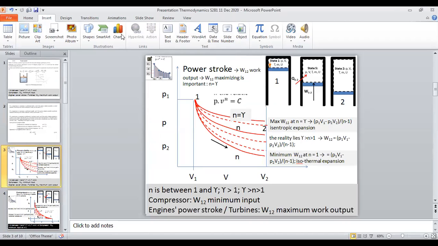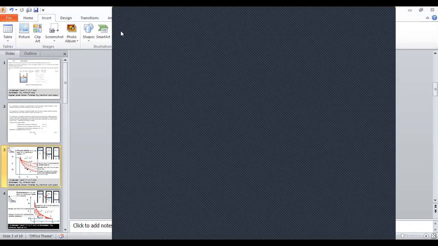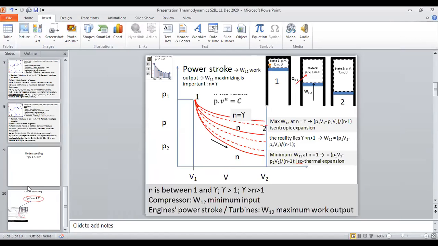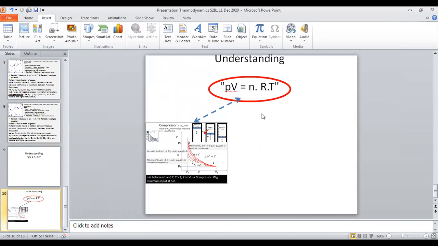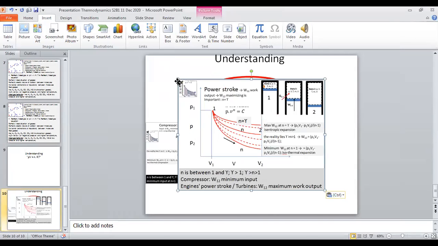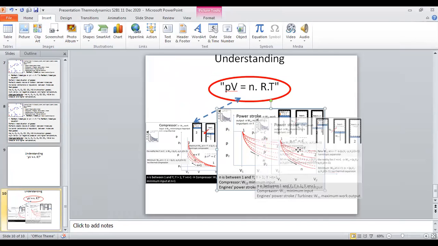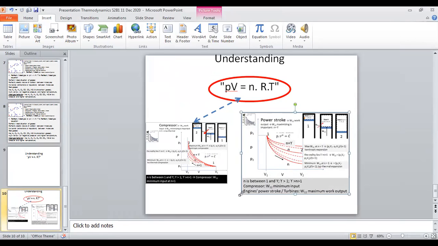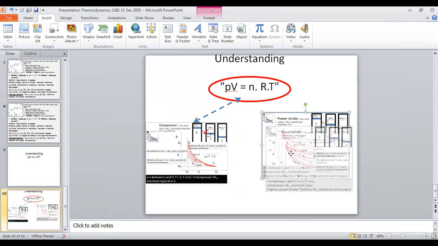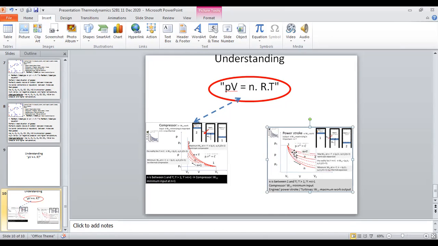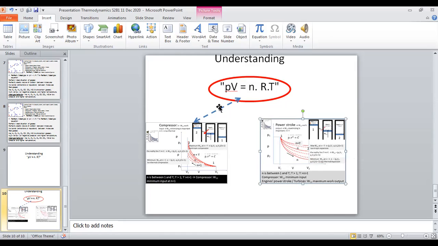Same way for engines, like power strokes performing work output. Not receiving work like in compressions, but here the work is transferred out, really out. You can also use this connection.